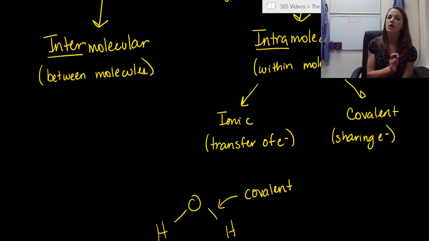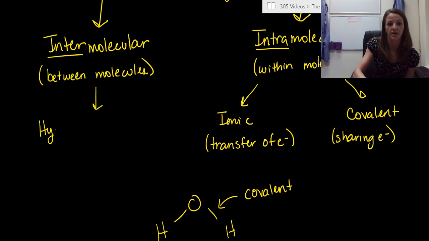Now, intermolecular bonds are when the bonding occurs between molecules. Our only example we're going to discuss in this course is called hydrogen bonding. Hydrogen bonding has a very, very specific definition, so make sure you write this down.